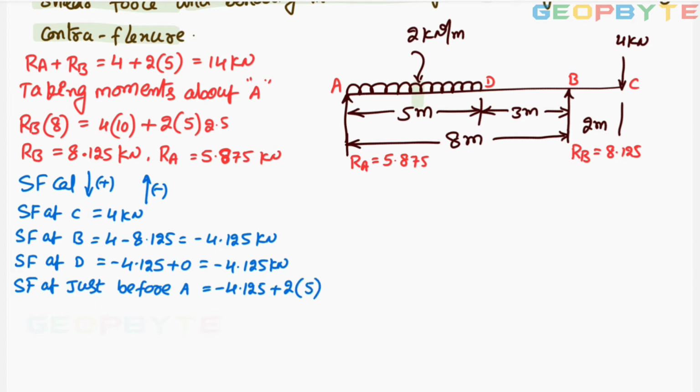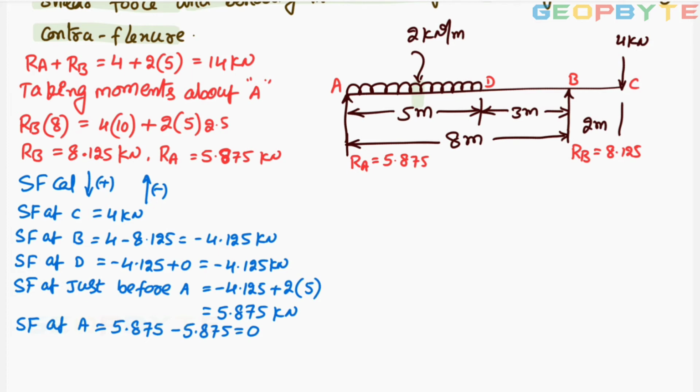So the resultant value is 5.875. You simplify it, definitely you will get the same value. Now SF exactly at A: already 5.875 kilonewtons load is there, minus 5.875 because at A the reaction is upward, simply it is equal to 0.